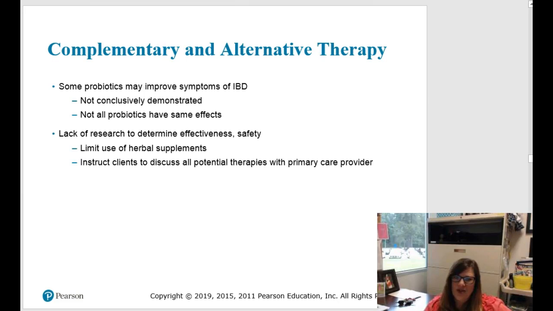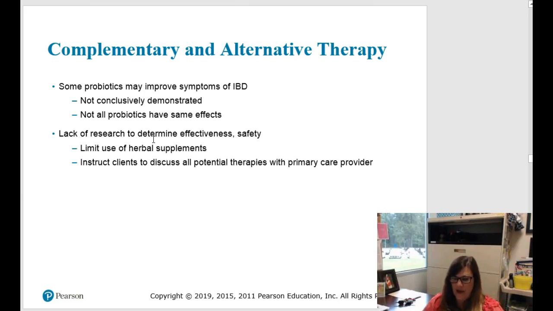So some alternative ideas. Some think probiotics may improve symptoms of inflammatory bowel disease. There's not a lot of good evidence to support that, and the problem with probiotics is the same as with all herbal remedies and supplements: they're not regulated by the FDA, so not all the products have the same ingredients, and they don't all have the same effects.